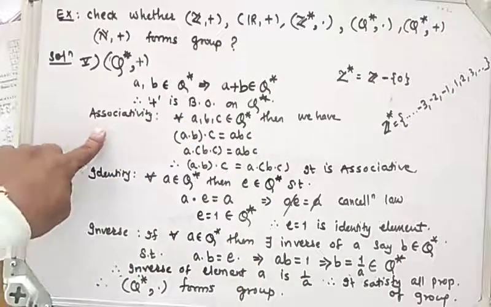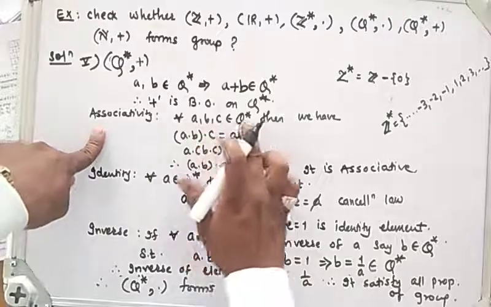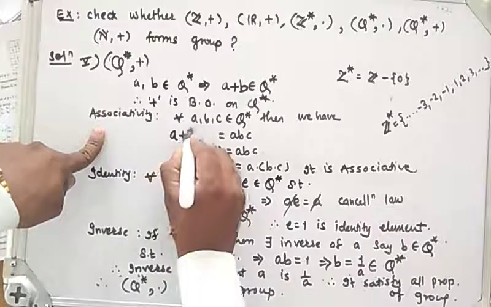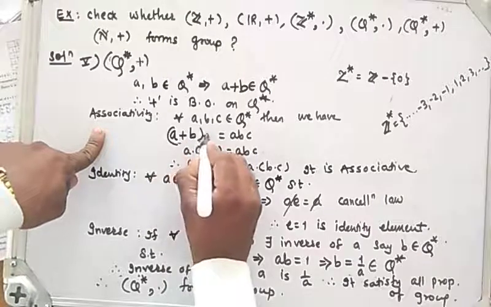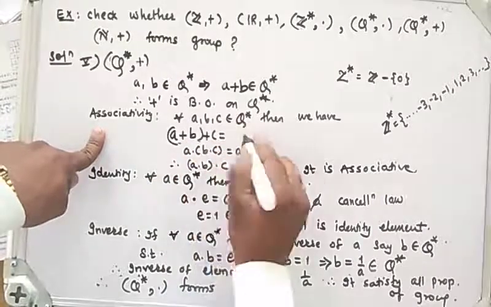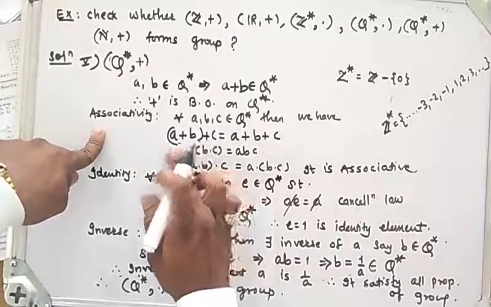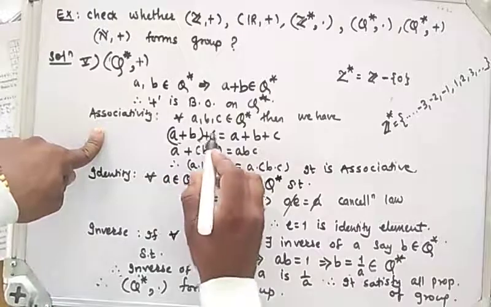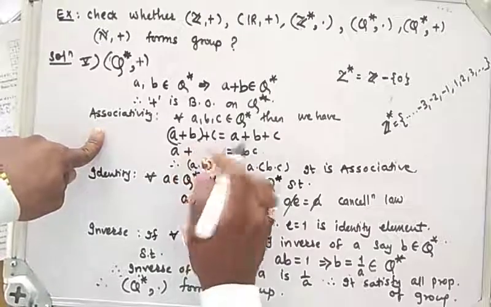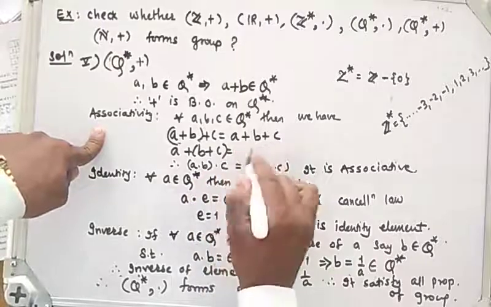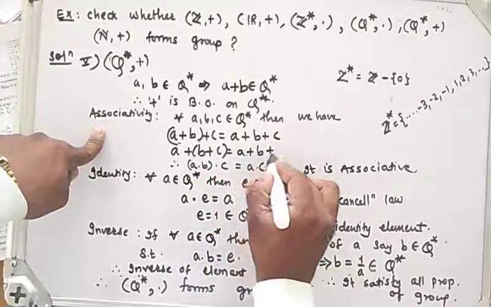Next, associativity. Here a, b, c belongs to Q star, then what will we get? (a plus b) plus c has value a plus b plus c, and a plus (b plus c) has value a plus b plus c.